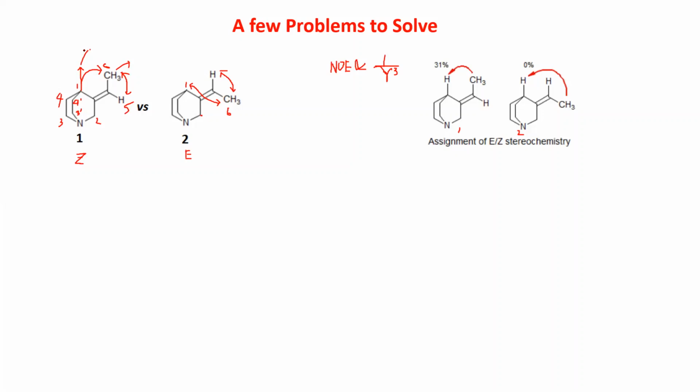If this is your compound, you will definitely see the peak due to this CH3 increase compared to what you had before the NOE experiment. So is this clear to you? Yes, sir. Does anybody have any problem understanding this?